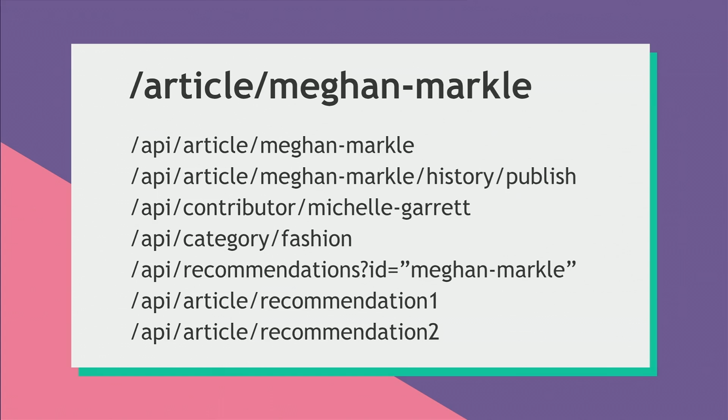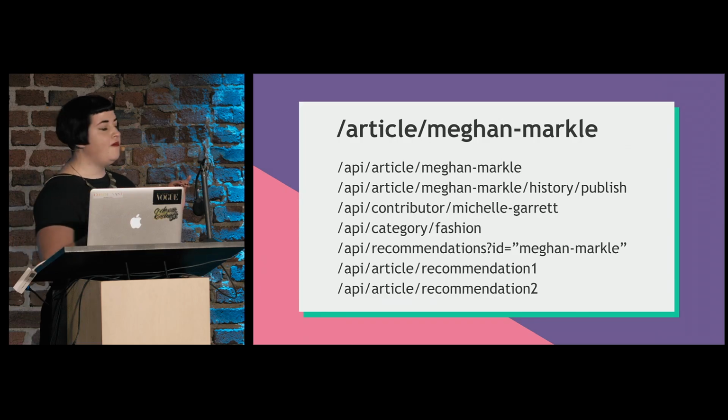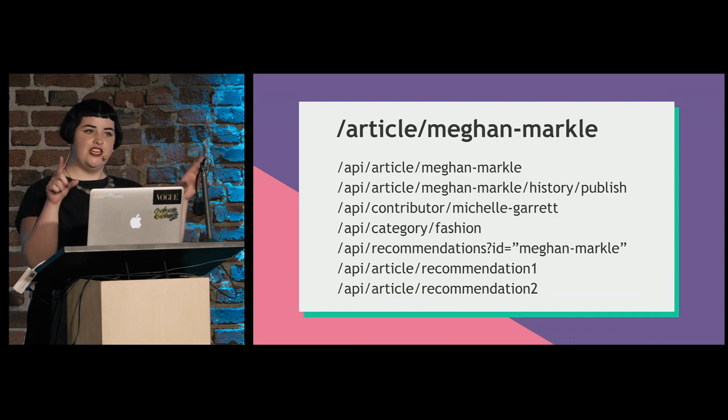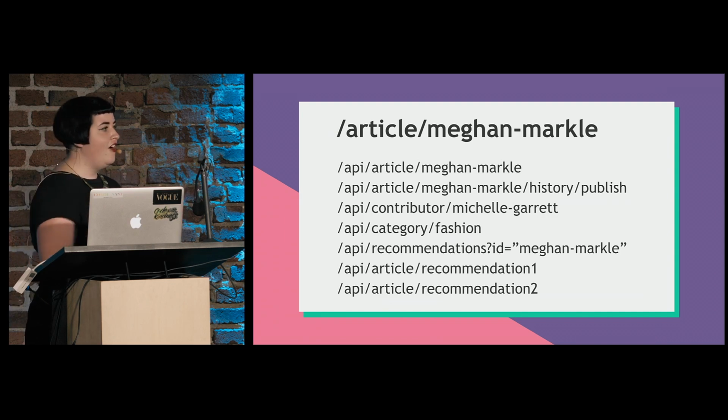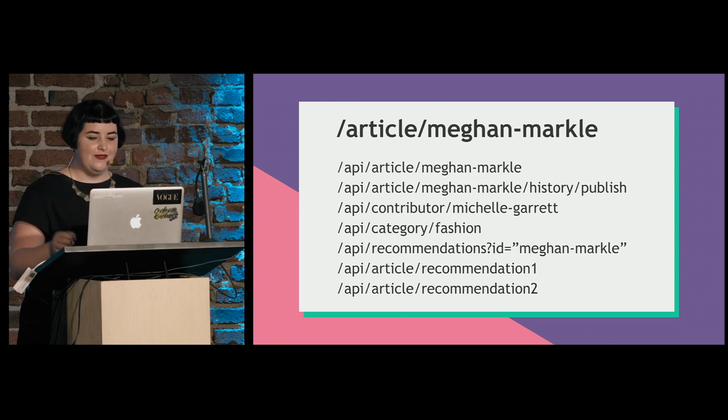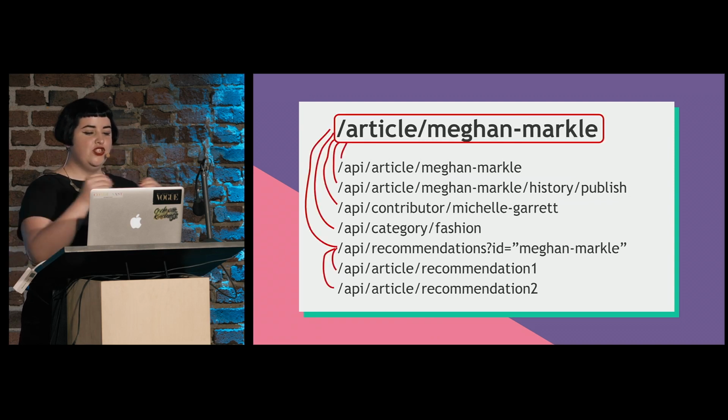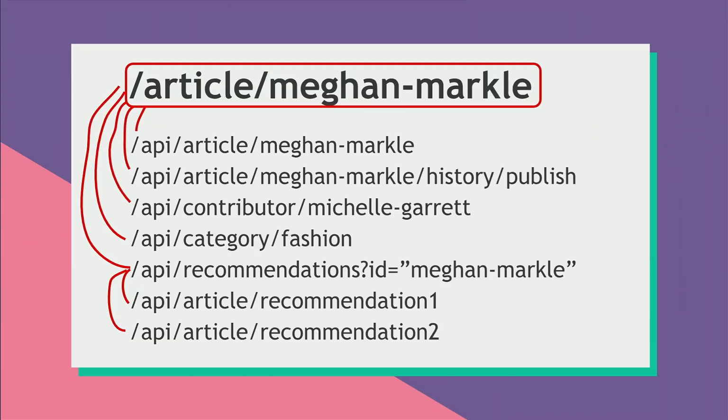We have to look up the contributor, Michelle Garret. I hear she's fascinating. We have to look up the fashion category to find out more about that. We have to look up the recommendations because we show recommendations at the bottom of an article. But that endpoint only gives us a list of IDs. So we then have to take those IDs and look up every single one of those IDs individually to get all the content. And then we have to smush it all together in order to render the Meghan Markle content.